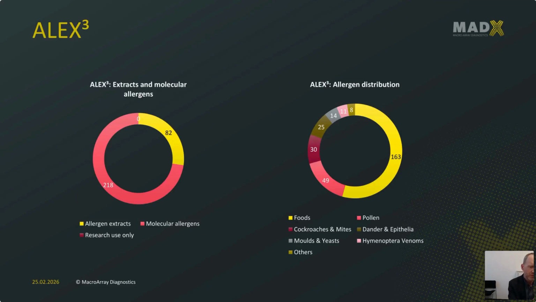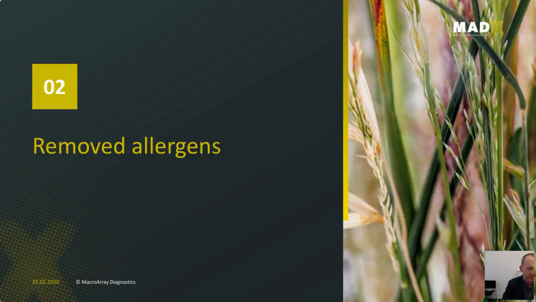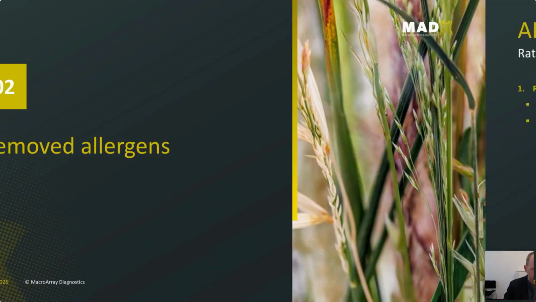Now, the allergen composition has been optimized when moving from Alex 2 to Alex 3, with certain extracts and molecules removed, and others added. In the next few slides, I'd just like to focus on the allergens that have been removed from the Alex 2, moving to the Alex 3, and also the rationale and the thinking behind that decision.